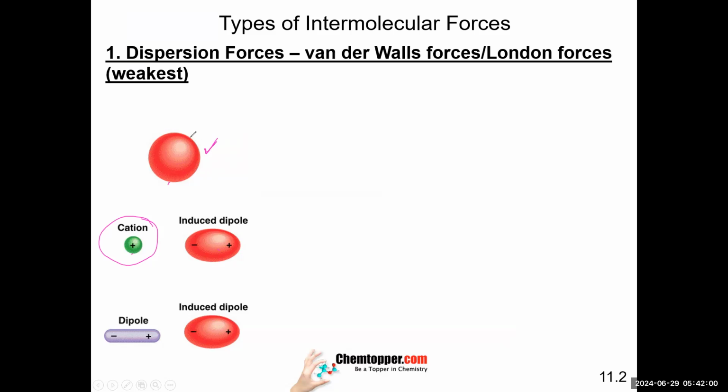This is electron cloud, the red is electron cloud. So you can see how it is distorted. And there is a temporary dipole. So what is the name of this attraction? Ion induced dipole, right? For example, if I give you Na plus in some non-polar solvent CCl4.